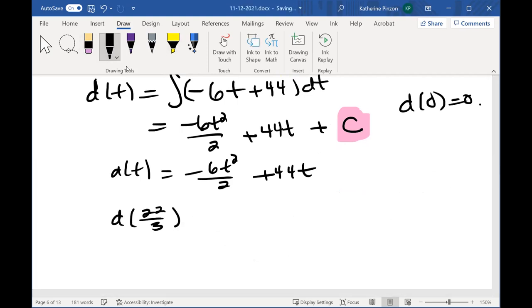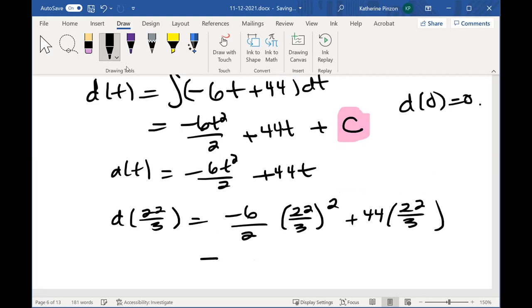So d of 22 over 3 is negative 6 over 2 times 22 over 3 squared plus 44 times 22 over 3. Someone's got to put that in the calculator.